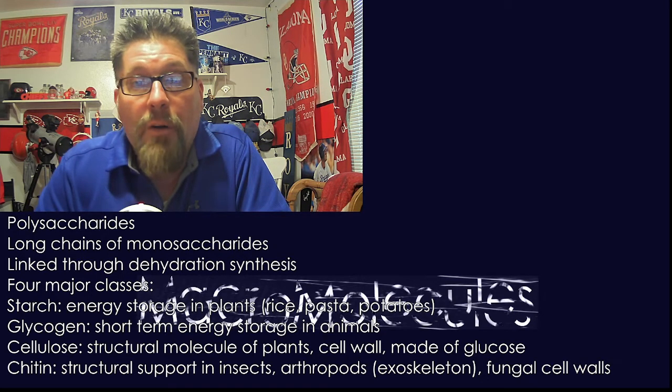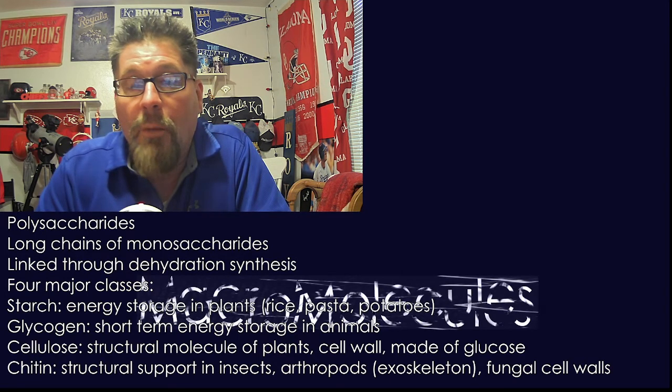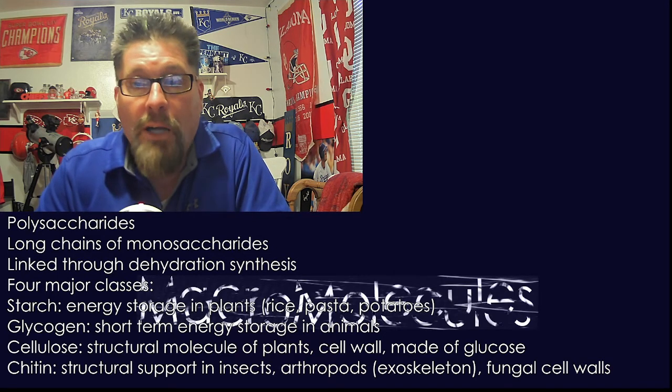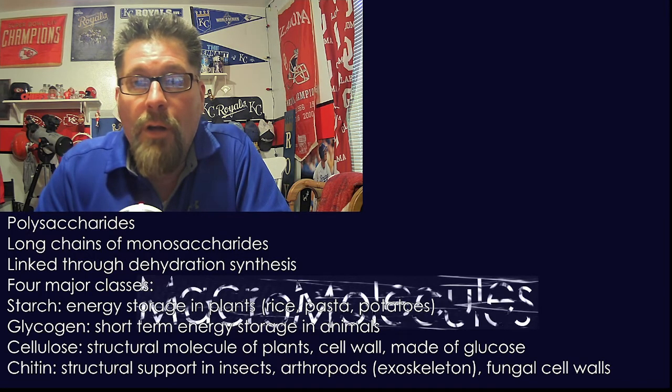Now, there are four major classes of polysaccharides. Starch, which we referred to, is the energy storage in plants. Things like rice, pasta, potatoes, all big sources of starches.